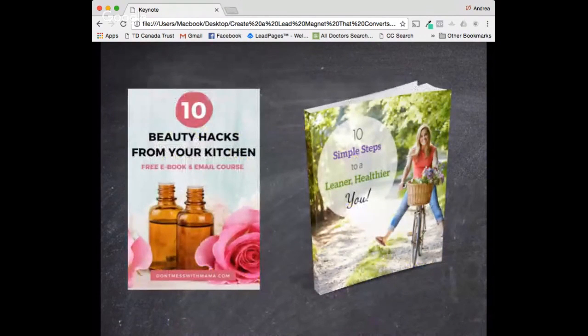So these are examples of some other lead magnets that I actually don't really like because they're too vague. So 10 beauty hacks from your kitchen. So this is a free ebook and an email course.